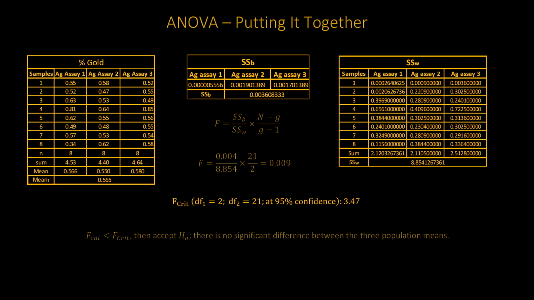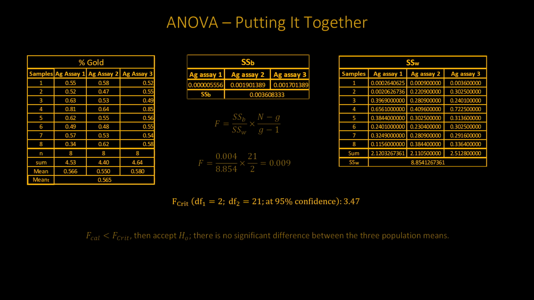And since we have 3 groups, that will equal 21 for the N minus G value. We only have 3 groups, and therefore with the 1 degree of freedom, the denominator becomes 2. As shown, the F value is calculated to be 0.009.